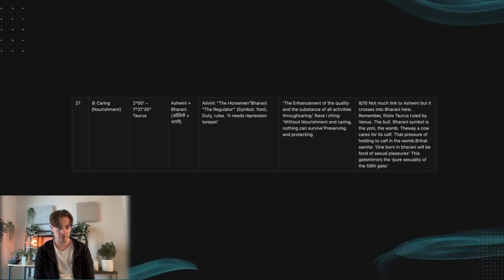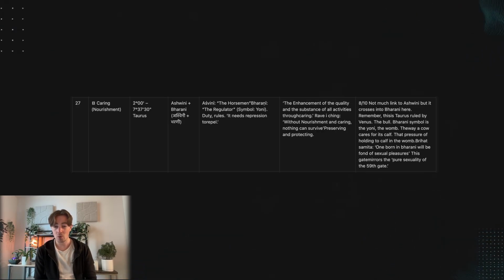So one description from this gate of nourishment, which really works well with this Bharani nakshatra, is the enhancement of the quality and the substance of all activities through caring.